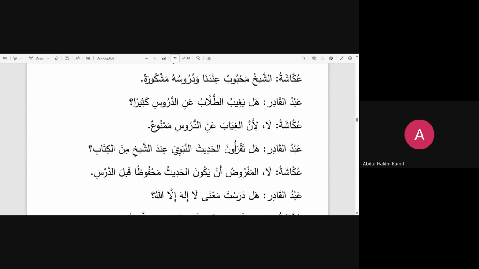What verb does ممنوع come from? Mana'a. What does mana'a mean? To prevent, to forbid. Very good. So this again is ism maf'ul. Mamnu'. Let's continue.